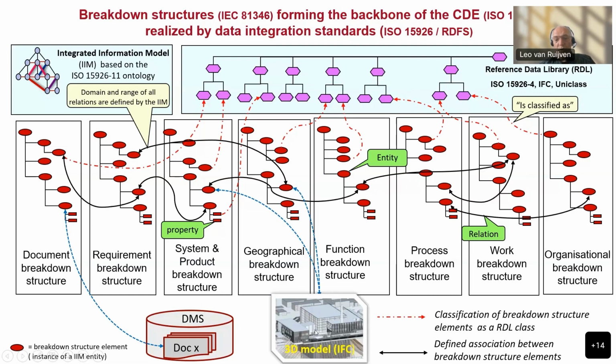We connect all the 3D objects to the system breakdown and the geographical breakdown structure. So this is in fact the whole structure, which can be found in the common data environment as data representing the whole design and later the whole materialization of the plant facility, all classified and all connected with each other with standardized relationships.